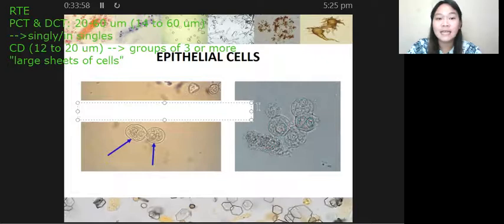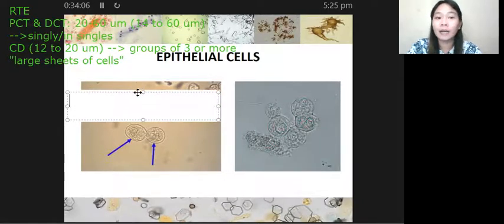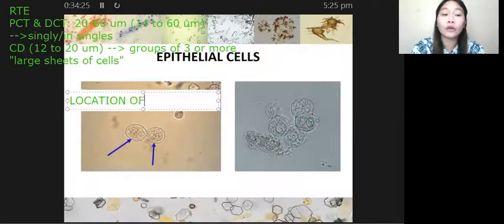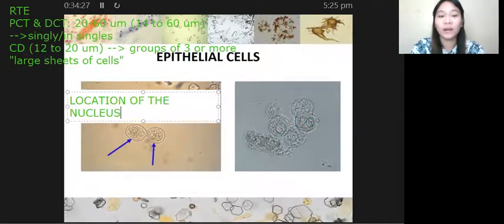And of course, since hindi naman sila gumamit ng term na hindi masyadong familiar sa clinical microscopy, alam naman natin kung ano ang RTE cell. Okay? So take note class ha, that your RTE cell or your renal tubular epithelial cell and your bladder cell are differentiated based on, ano ulit ang basis? Location of the nucleus. Okay?